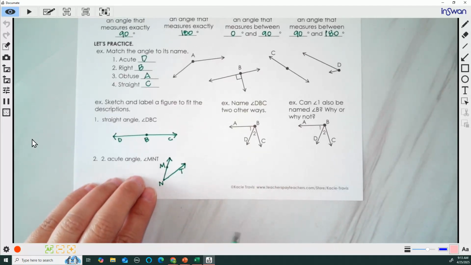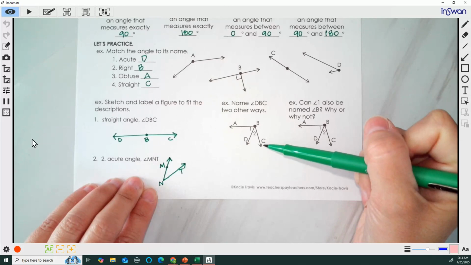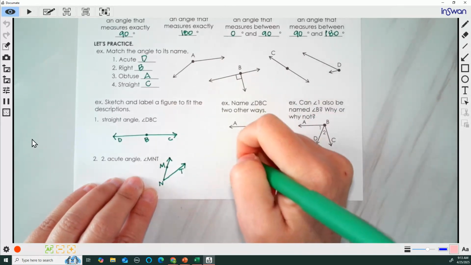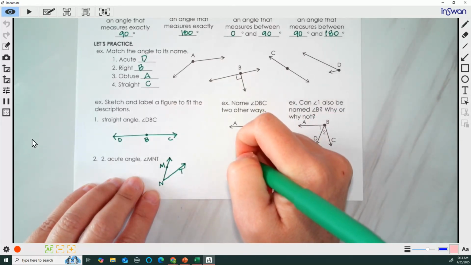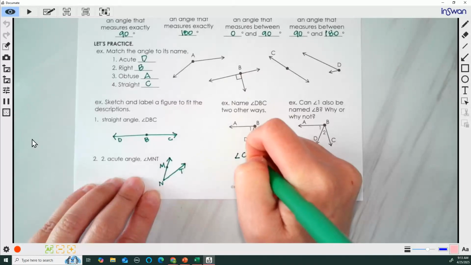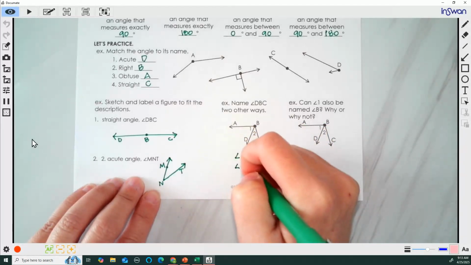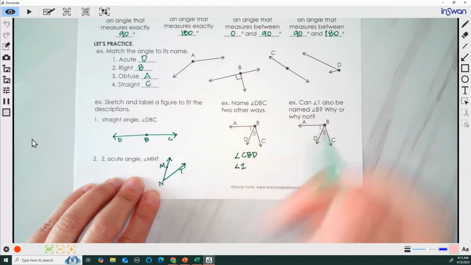Here in this next example, it says name angle DBC two other ways. So we've got angle DBC. Two other ways that we could possibly label this are angle CBD, or we could name this angle 2 based on the way that the angle is labeled.